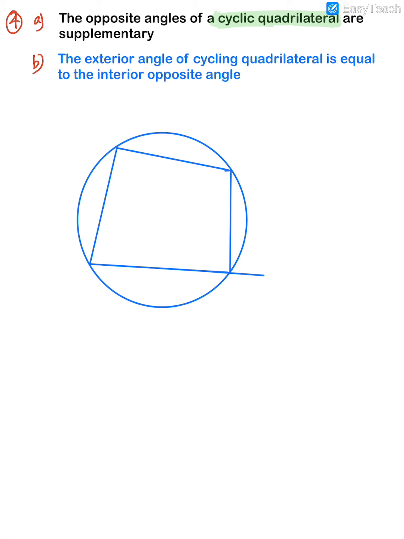I'll just name this now. So say this is A, B, C and D quadrilateral, and say there is another point here E.